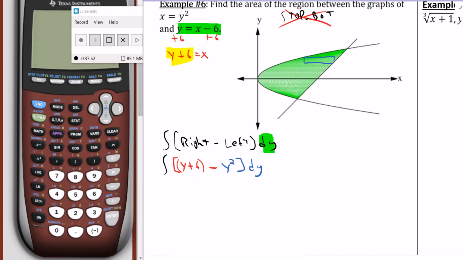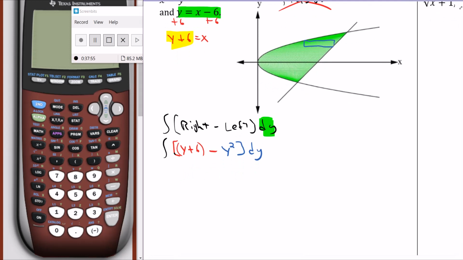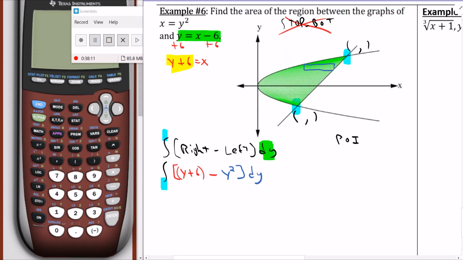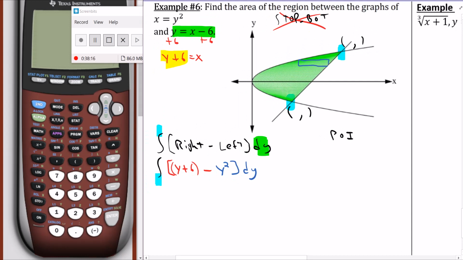And then we have to talk about, well, what should the limits of integration be, right? And that should be these 2 points here. We need to find the points of intersection, right? So to find the points of intersection, we set the functions equal to each other. We know x equals y squared, so I'm going to take the second equation, y equals x minus 6, and instead of writing x, I'm going to write y squared, right?